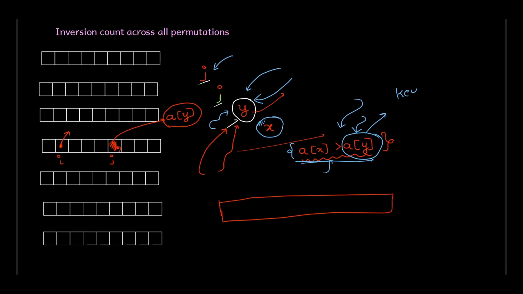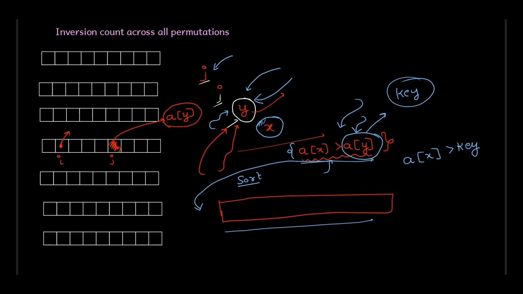So you see that you are looking for all the x in the array that are strictly greater than the key. And you don't actually care about the ordering. So if you sort this array A, and let's say you have elements 2, 5, 9, 22 and 30, and suppose this key value is 6, it means that you don't actually have to manually iterate over each element as x and try it.